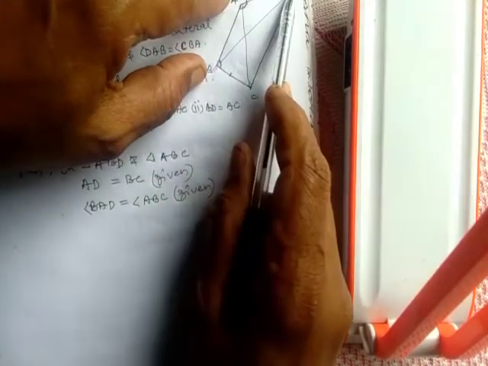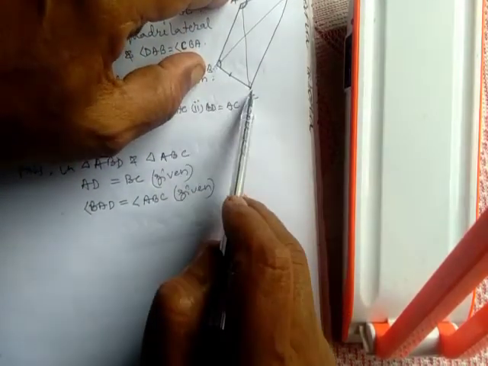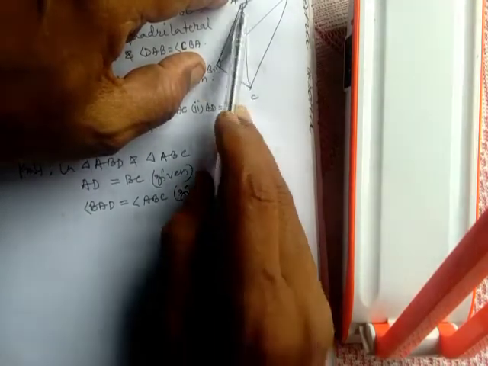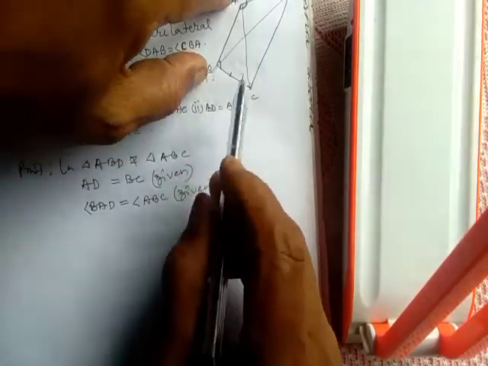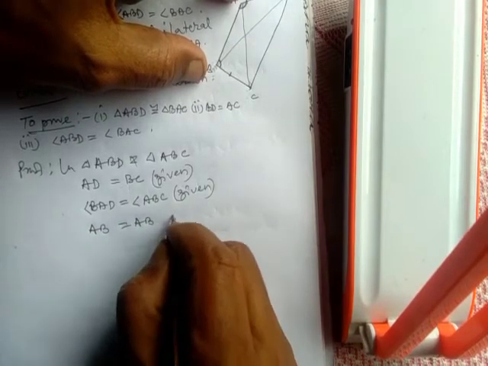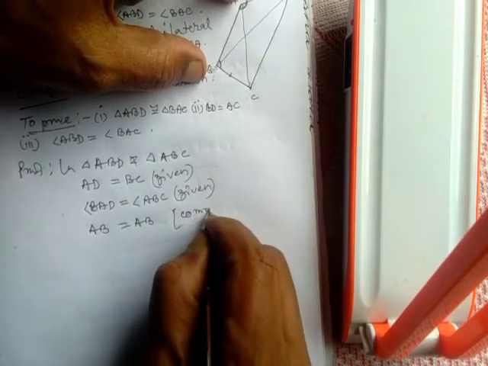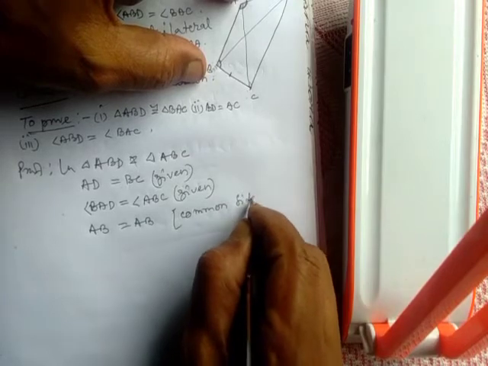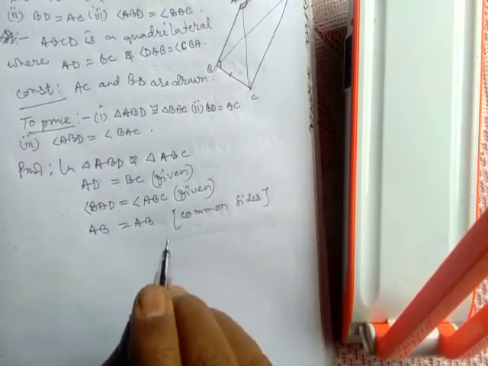Now both the triangles are on the same base AB. So AB is equal to AB, common side for both the triangles.